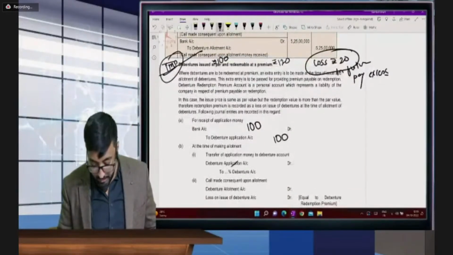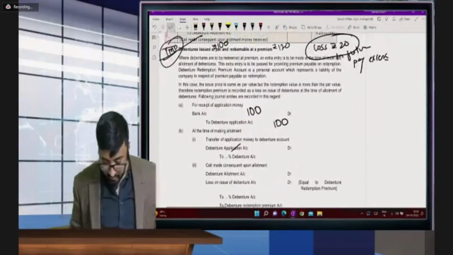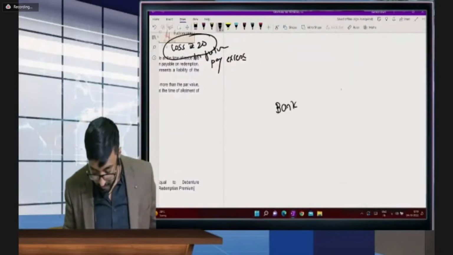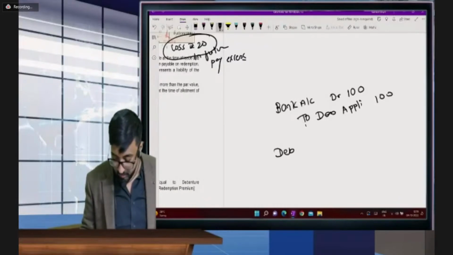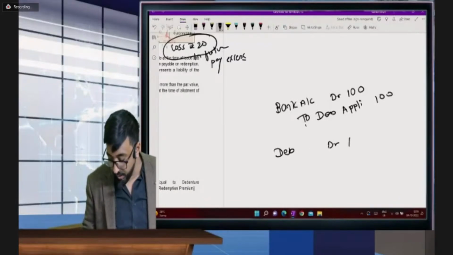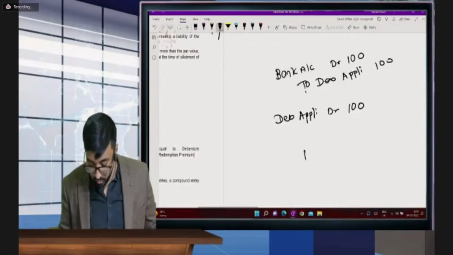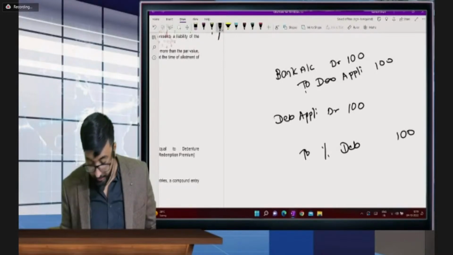Now, I will tell you the final entry. Bank account debit 100 to debentures application 100. Now, debentures application account debit 100 to percentage debentures 100.